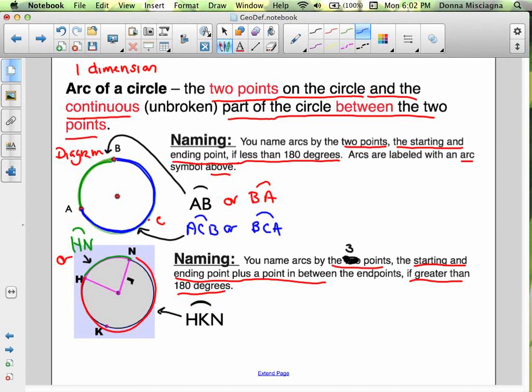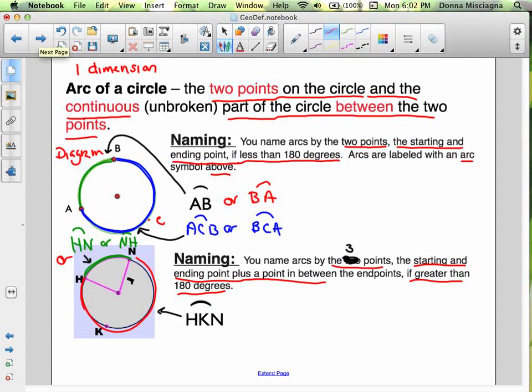In the other diagram, I have lost my pen, here it is, arc HN or arc NH is that arc there. The other arc needs the 3rd letter.